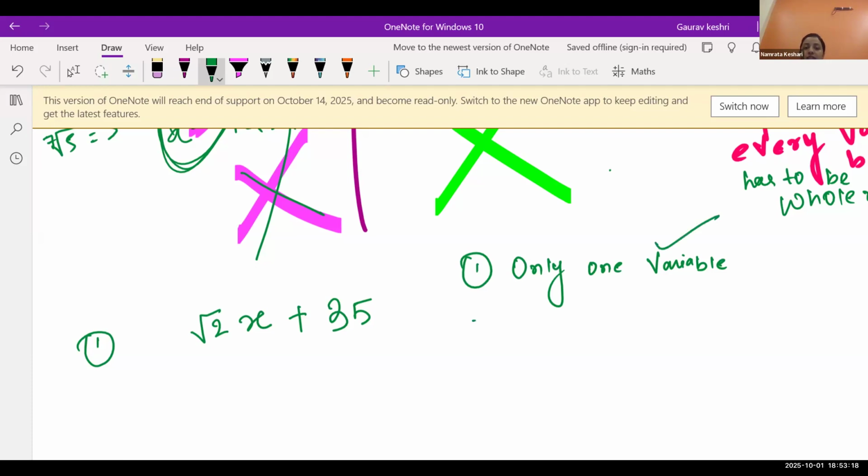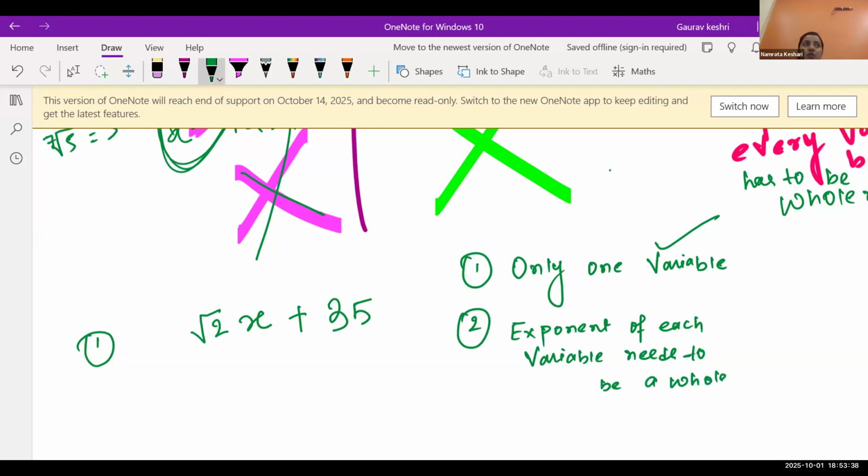Rule number two says the exponent of each and every variable needs to be a whole number. So whatever x, y, or z you can see, the exponent of those needs to be a whole number.